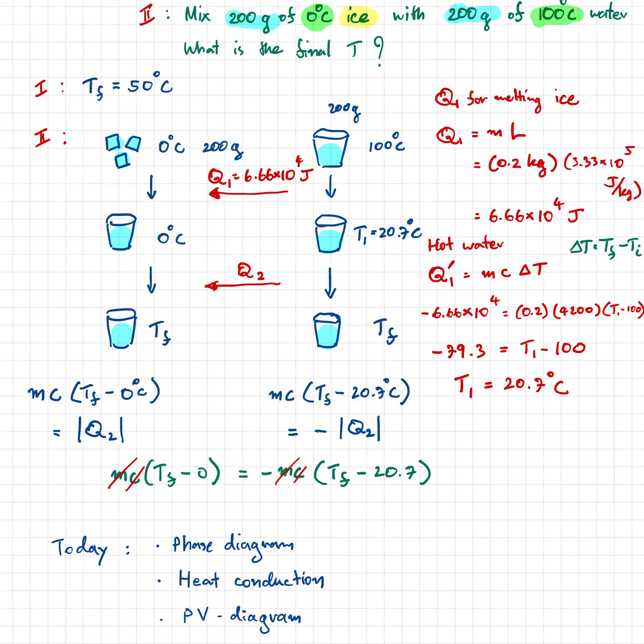So in the end, what you have is TF equal to minus TF plus 20.7. And this leads to 2TF equal to 20.7. So TF is simply 20.7 divided by 2. So that's going to be 10.4, roughly 10.35 degrees Celsius.